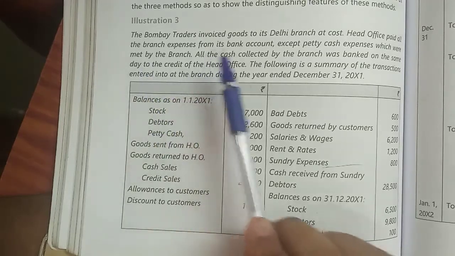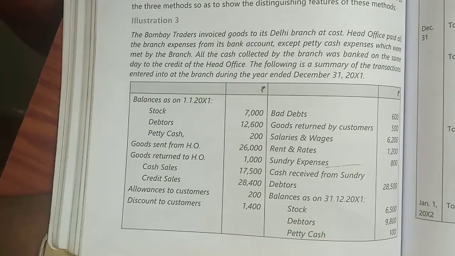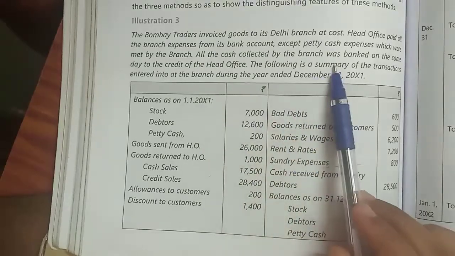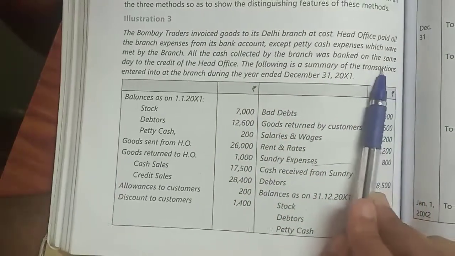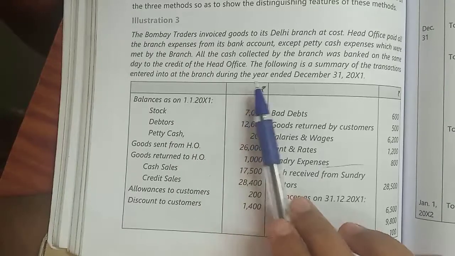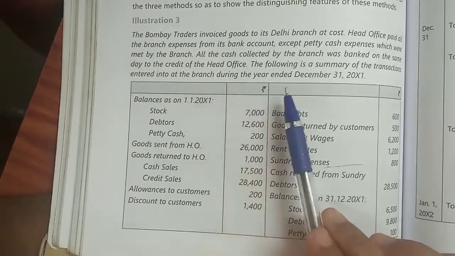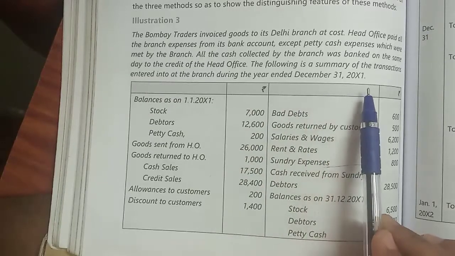Illustration 3. Bombay Traders invoiced goods to its Delhi branch at cost. Head office paid all the branch expenses from its bank account except petty cash expenses. All cash collected by the branch was banked on the same day to the credit of the head office. The following is a summary of the transactions for the year ended December 31st, 2011.